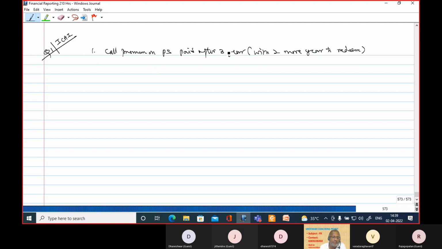Call premium on preference shares paid after 3 years shall be deducted from net profit attributable to equity shareholders in the computation of basic EPS. Come on, kindly make note.